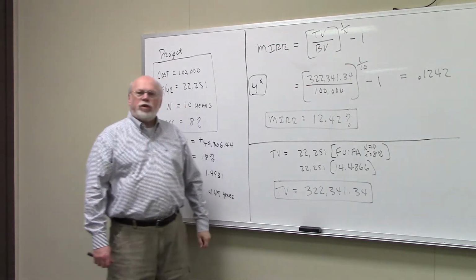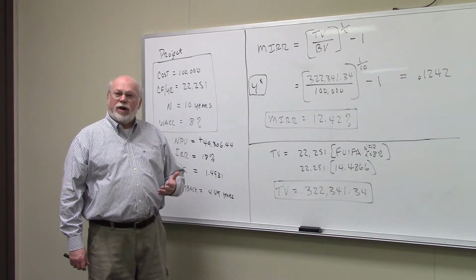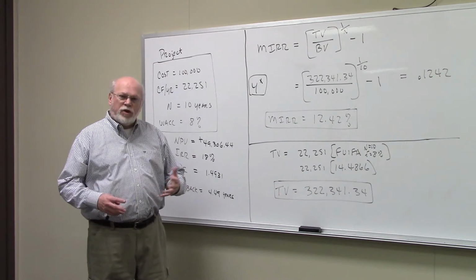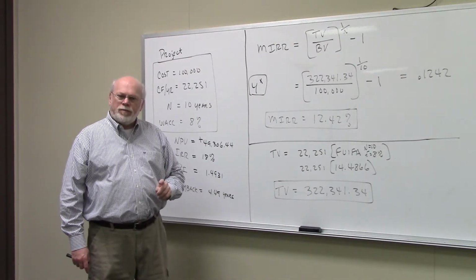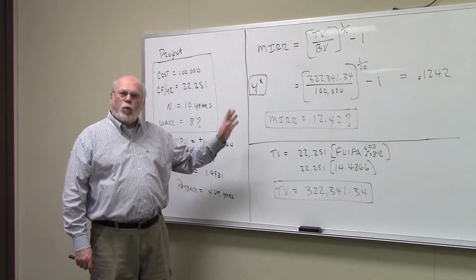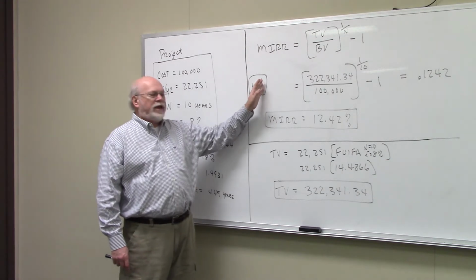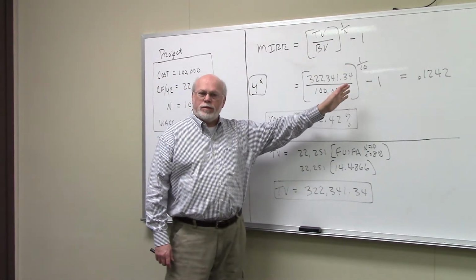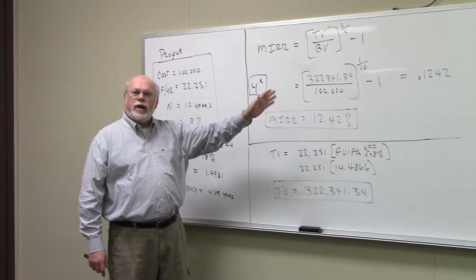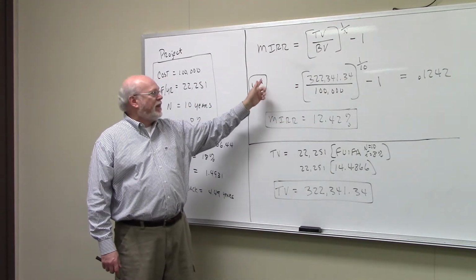First, input 322,341 divided by 100,000. Figure out what that is and press the y to the x key one time. You've just made that number y. We're now going to input the exponent, which is 0.10. Input 0.1 and press the y to the x key again.